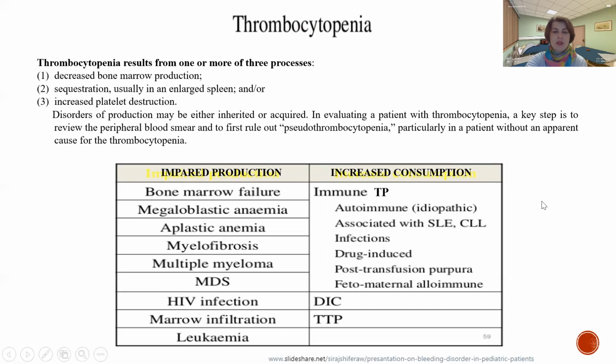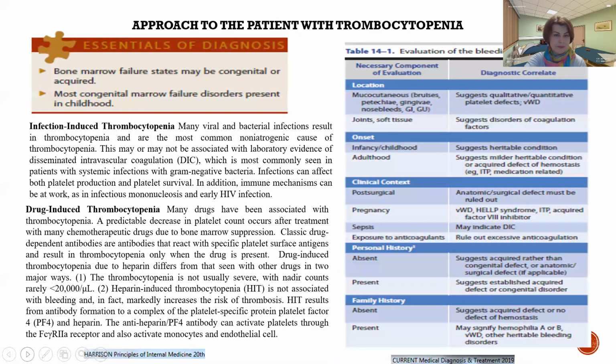Increased consumption is usually seen in patients with immune thrombocytopenic purpura, drug-induced thrombocytopenic purpura, post-transfusion purpura, also in disseminated intravascular coagulation, and thrombotic thrombocytopenic purpura. So what kind of evaluation does a patient with thrombocytopenia require?